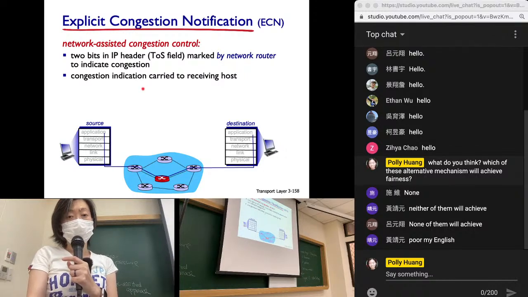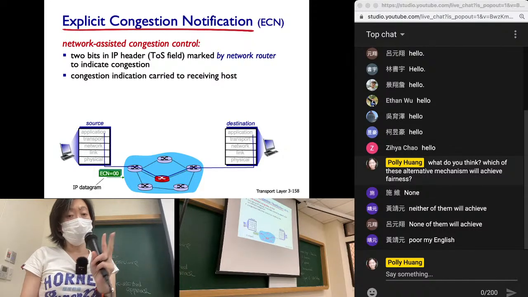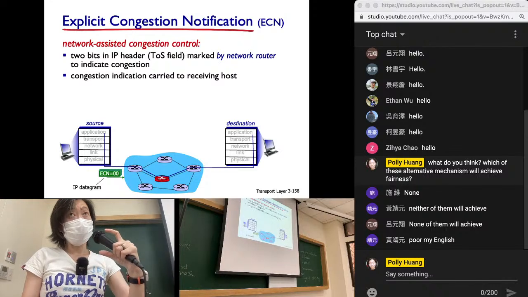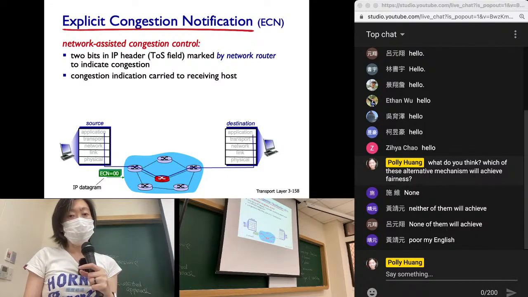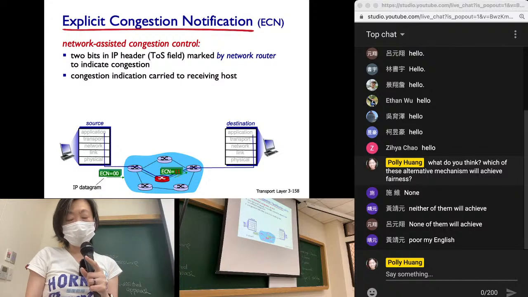So congestion indication is carried by these ECN bits, 2 of these bits, in the network layer header. As it travels through a busy router in the middle, the bits get turned on, turned into 1, 1.